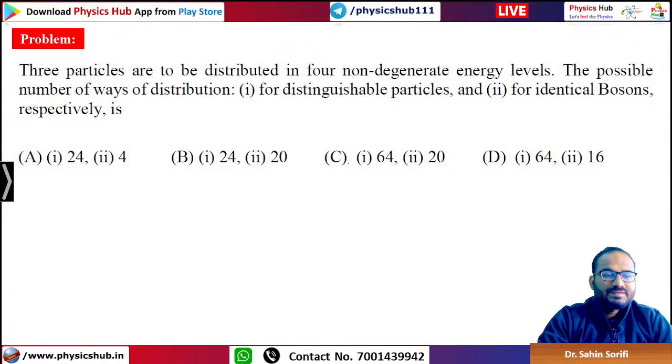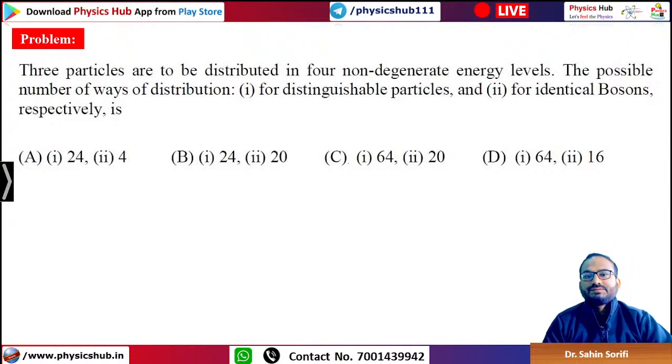Let's solve this problem. 3 particles are to be distributed in 4 non-degenerate energy levels. The possible number of ways of distribution for distinguishable particles and for identical bosons respectively are. Do it quickly.